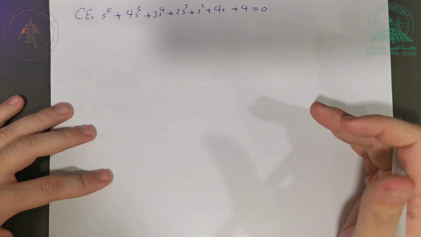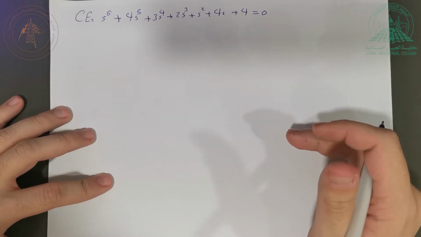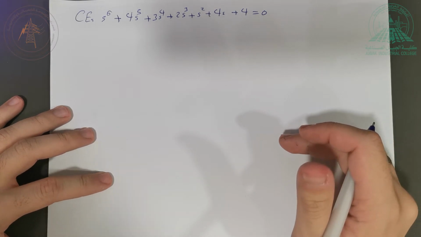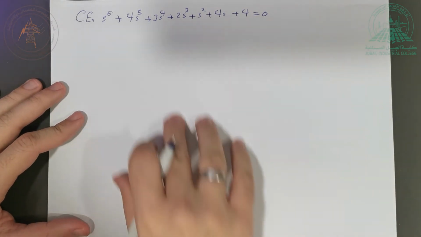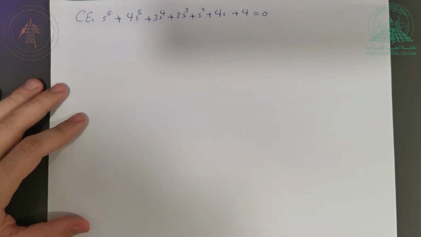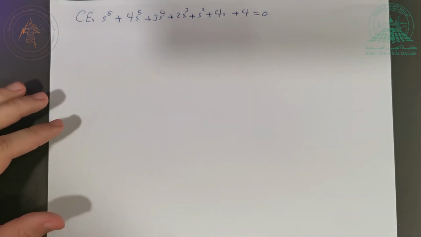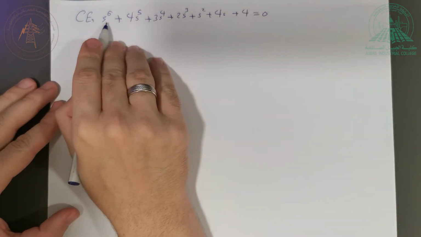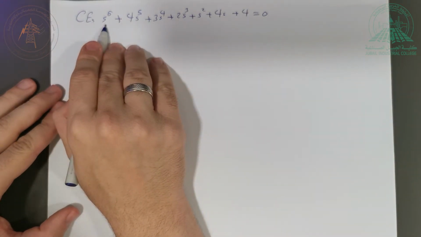The Routh-Hurwitz criterion is based on something called the Routh-Hurwitz array or table. So we're going to build a table or an array here. This array is going to tell us whether the system is stable or not. So how do I start? I will look at this. This is s to the power of 6, right?